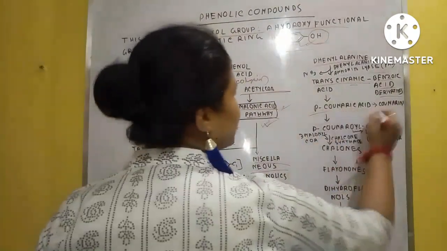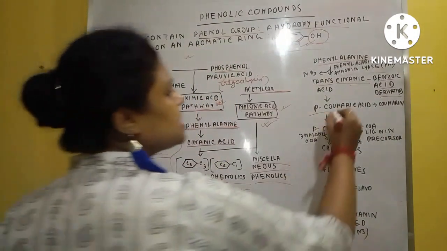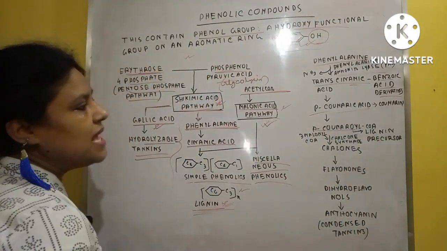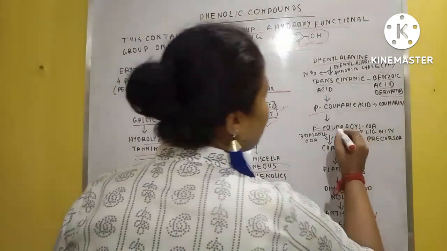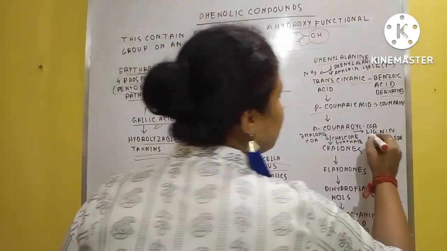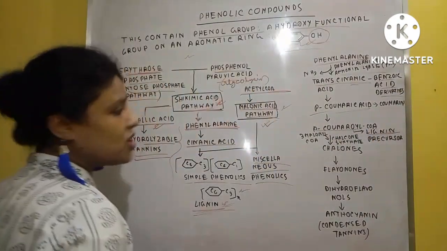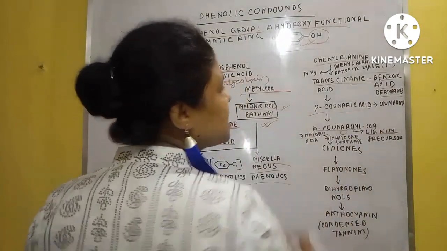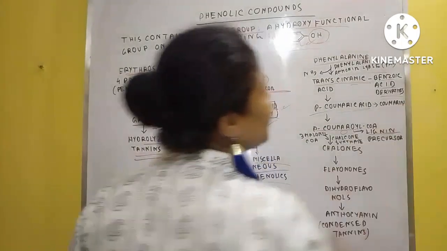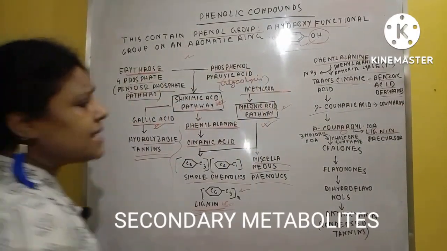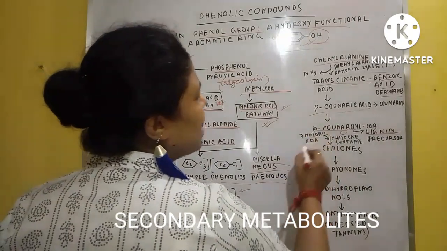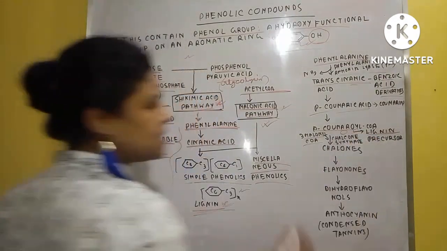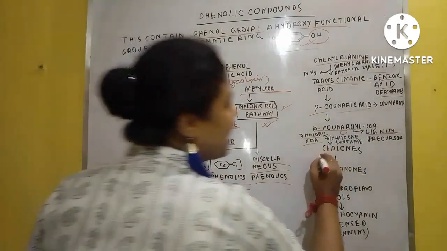In the next step, p-coumaric acid is transformed to p-coumaroyl CoA, and from this p-coumaroyl CoA the lignin precursor is formed. From p-coumaric acid, coumarin is formed. In the next step, 3-malonyl CoA is added, and in the presence of chalcone synthase, the chalcones are formed.